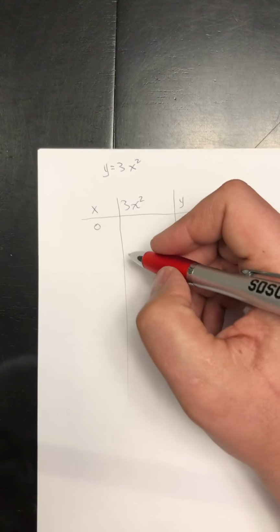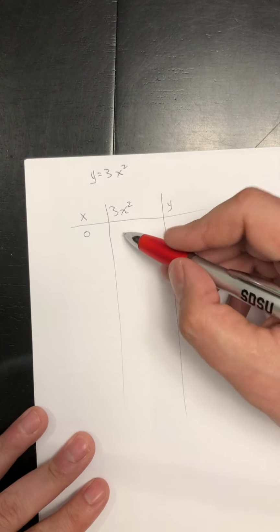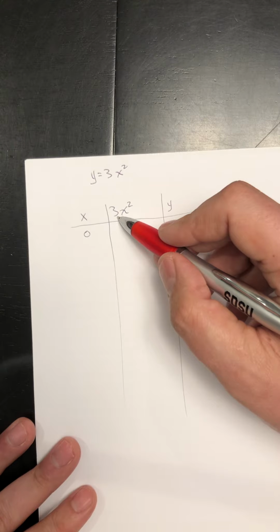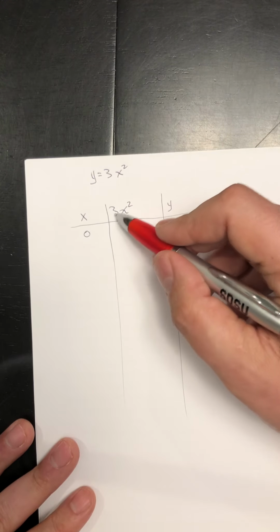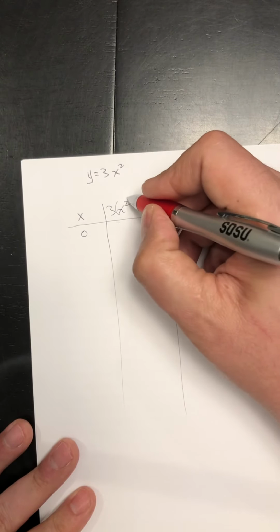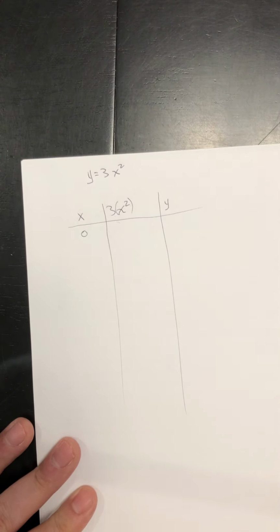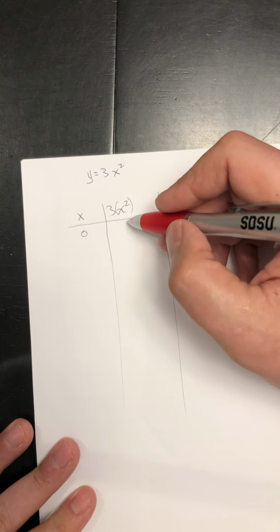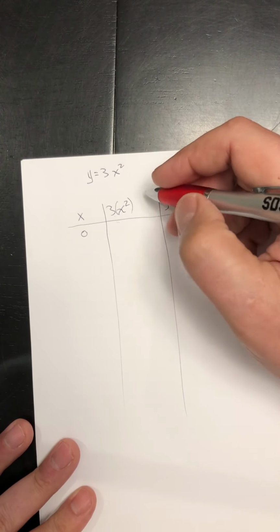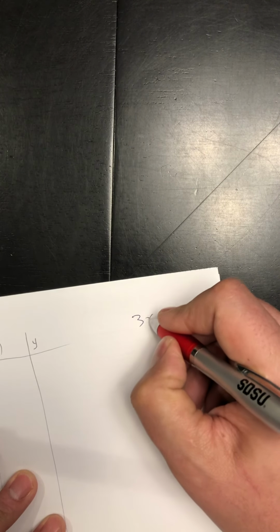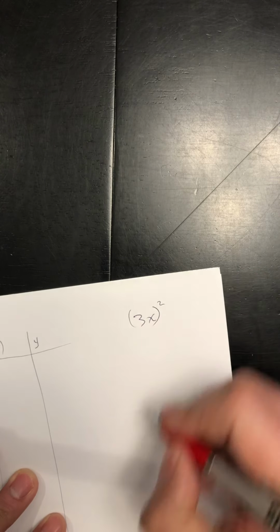Now, I think where everybody was making a mistake is in this equation. So it'd be 3 times x squared. It should kind of look like this. I do what's in this parentheses. It is 3 times x squared. It is not 3x and that is squared.